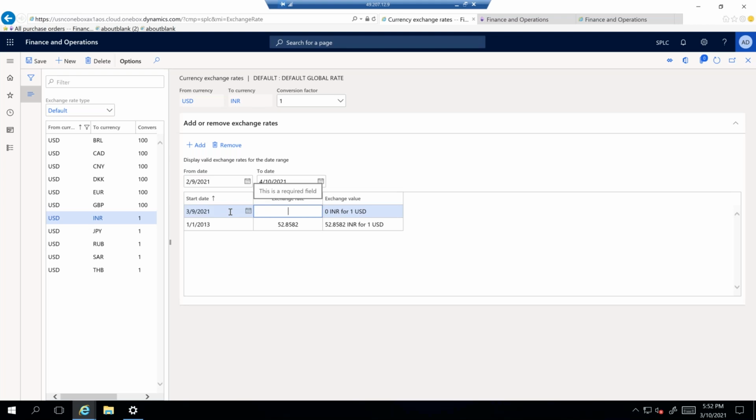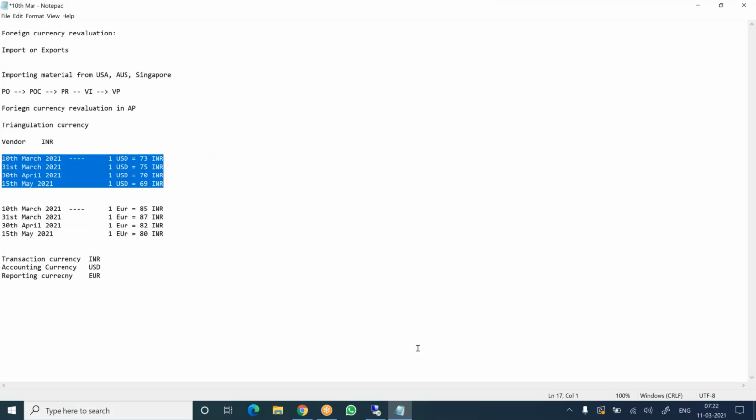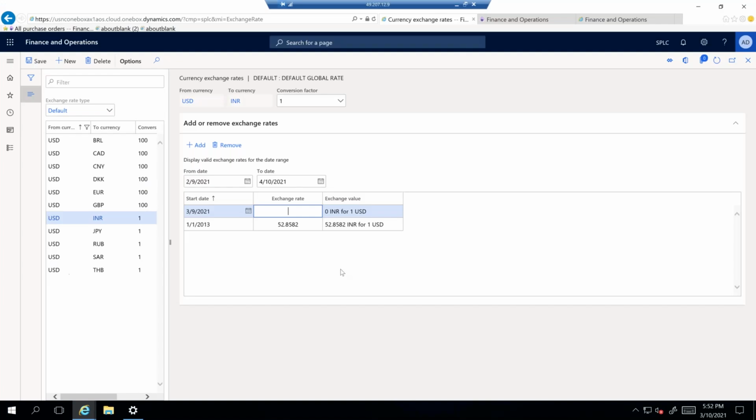So 1 US dollar equal to 73 rupees. Next, 033121. Now the exchange rate is 75.